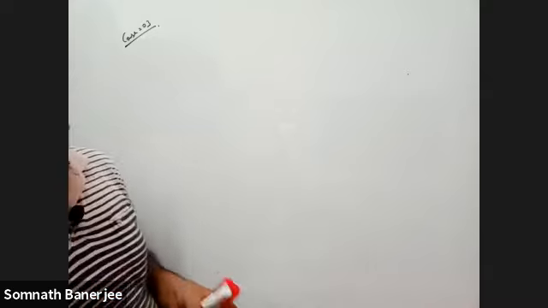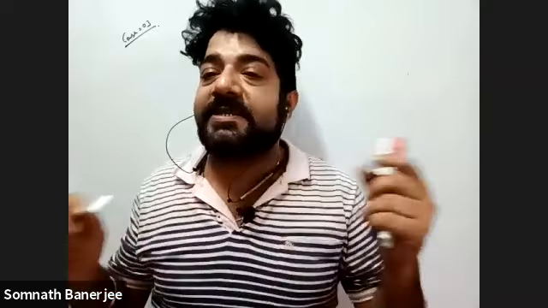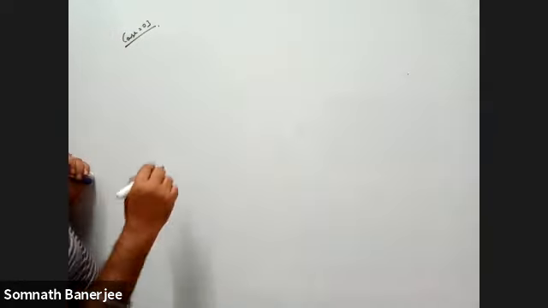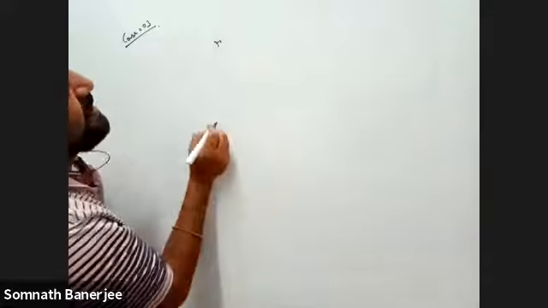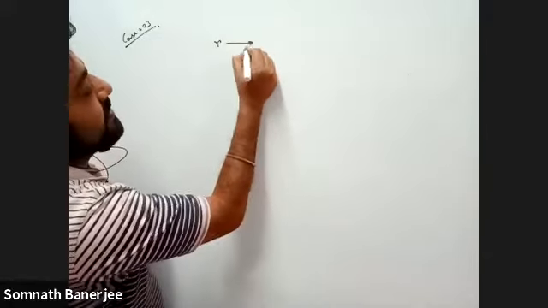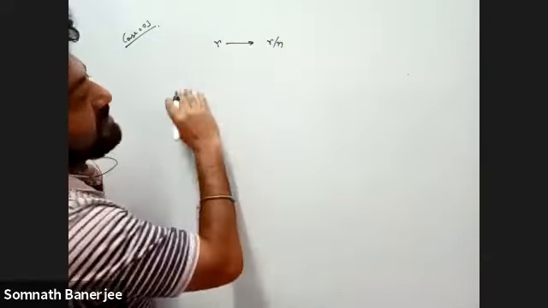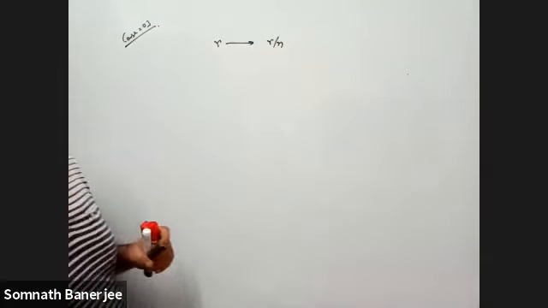Suppose the question is like that: by stretching or compressing, instead of changing the length, they say the cross-sectional area changes, meaning the radius is increased or decreased or the diameter is increased or decreased. Then what happens? Suppose R is the radius and they say the radius becomes R by N. That means you are changing the radius of the wire.